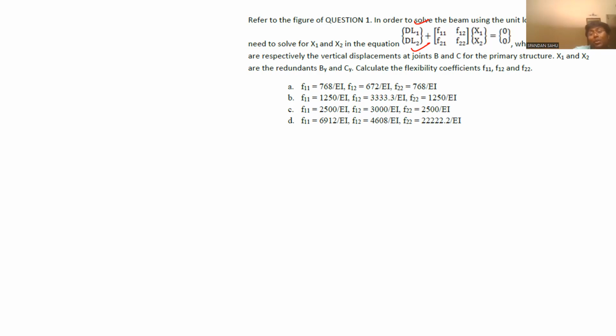Due to external load, the deflection at that point after removal of redundant, due to external loads. My bad. Then what is F11, F12, F21, F22? Force at 1 due to... reverse your statement.